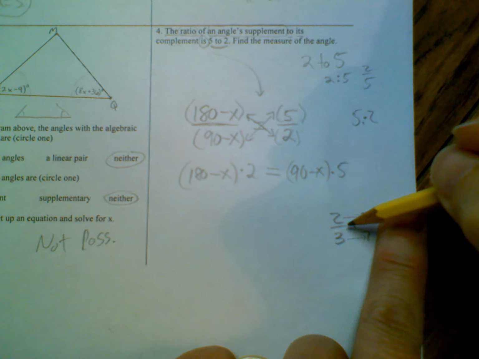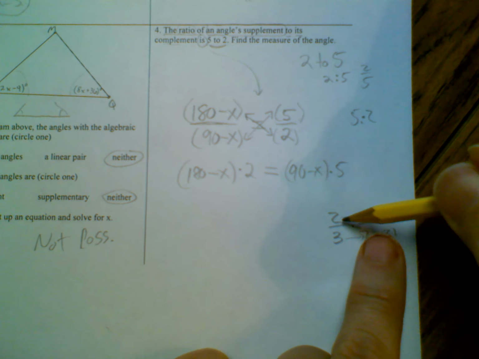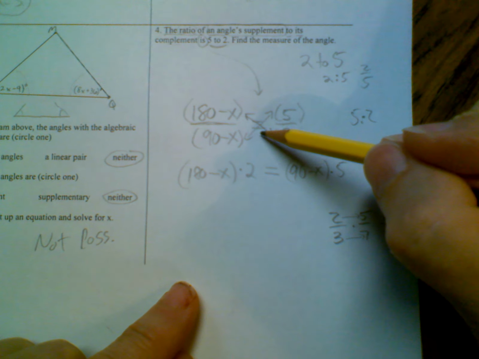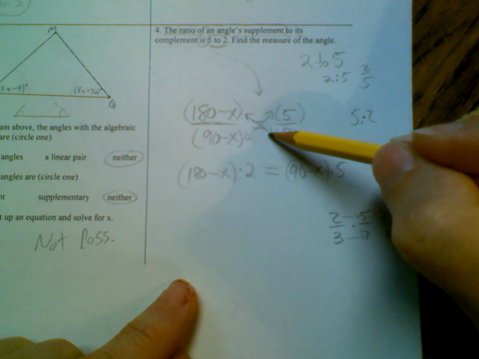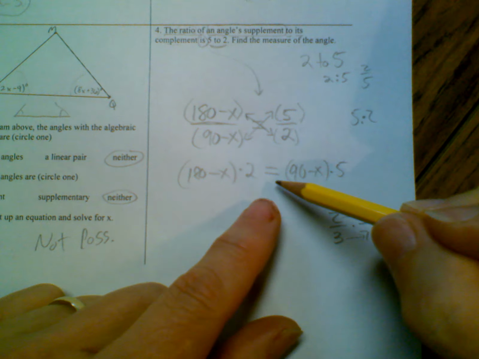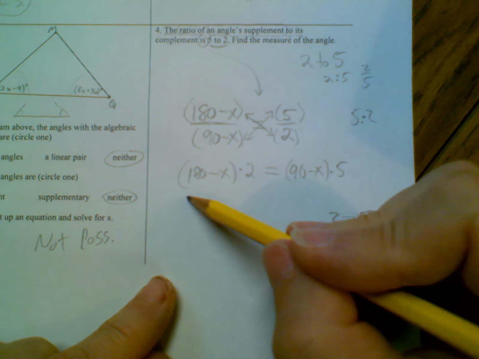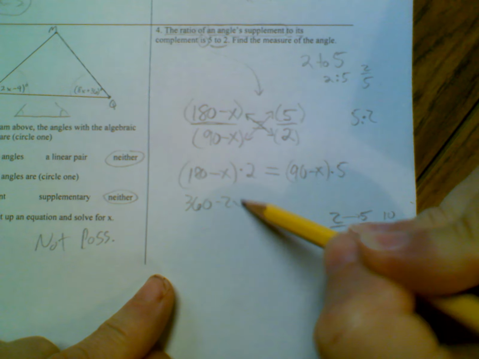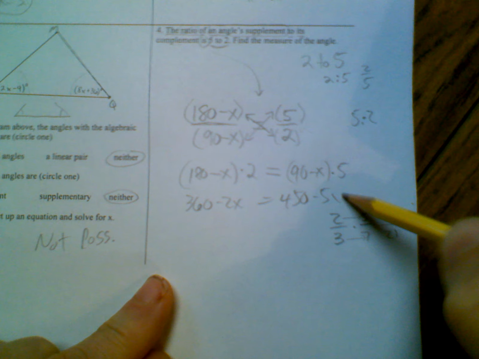It's just an expression, and all we have done is simplify the expression by multiplying straight across. This is an equation, okay? And we are cross-multiplying, okay, not multiplying straight across, to get a new equation. Now we're going to distribute: 360 minus 2x equals, distribute that, 450 minus 5x.